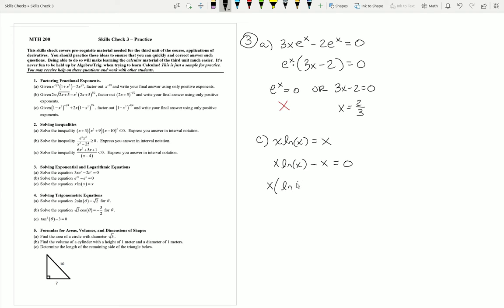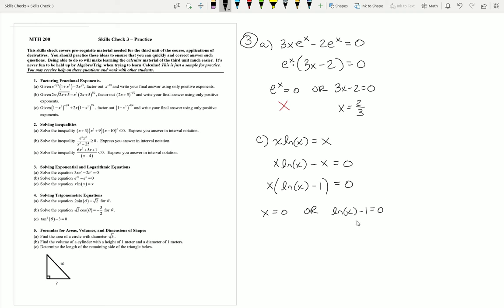Again, we should see that we have two different possible solutions: x could be equal to 0, or the natural log of x minus 1 could be equal to 0.